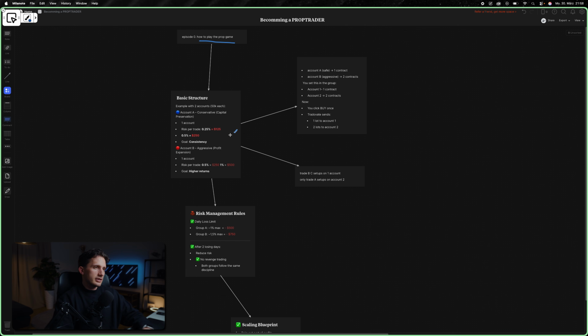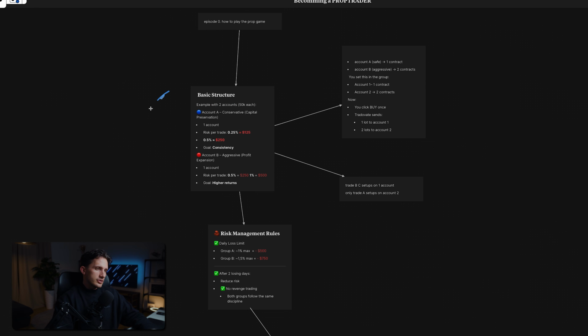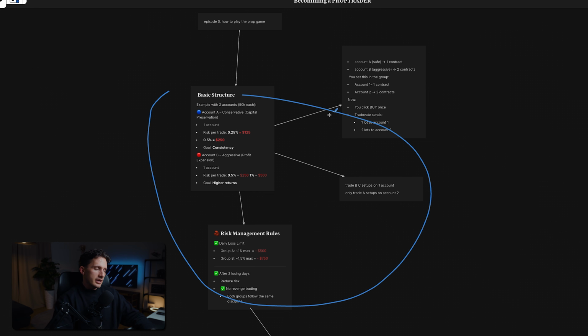In the first place, what we are looking out for is our basic structure. That's my exact approach with prop firms. It's all about PA accounts, right? Live accounts, or let's say PA accounts. It's not evals. Why am I saying this? Because you should not spend months on evals, even if you are a beginner.